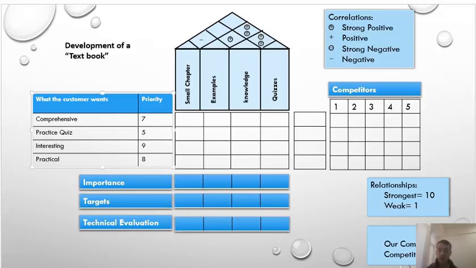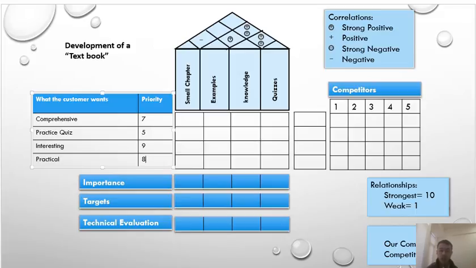The relationship between examples and knowledge is strongly positive, because if I give more examples, the book would have more information in it. The relationship between examples and quizzes is also positive, because based on the examples I give, I can make more quizzes at the end of each chapter. And the relationship between knowledge and quizzes is positive, so they get to practice more and they will tend to learn more.